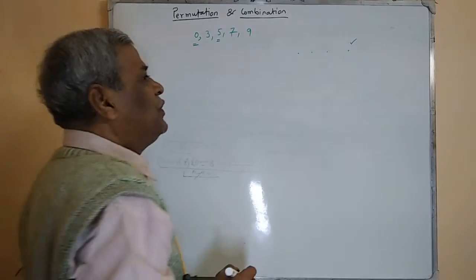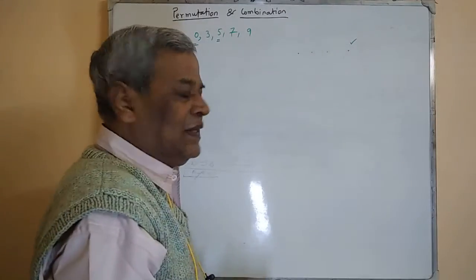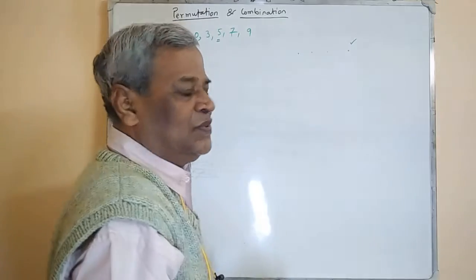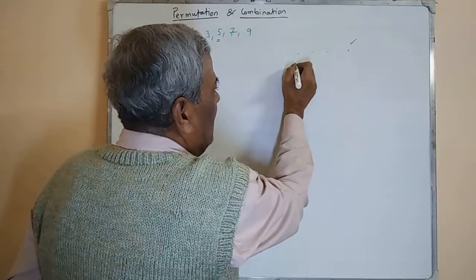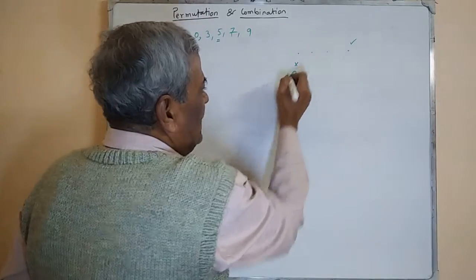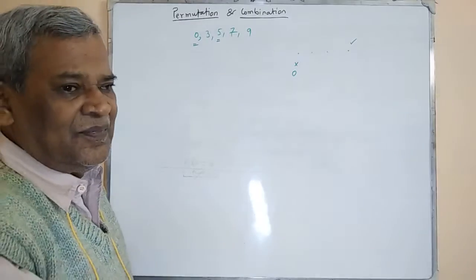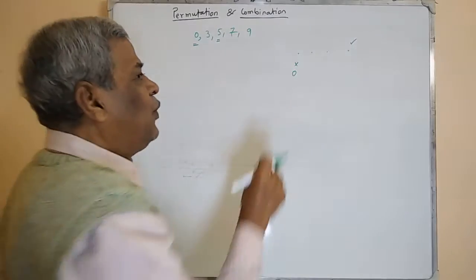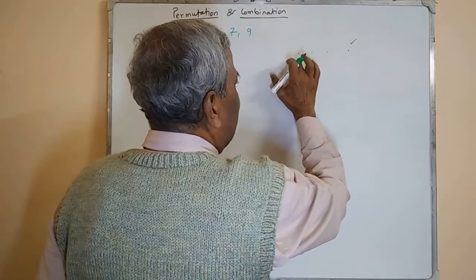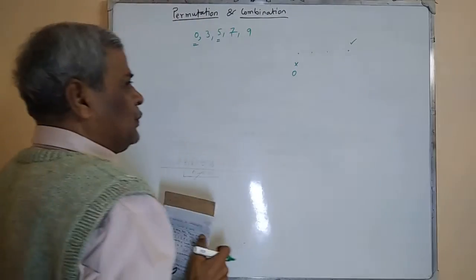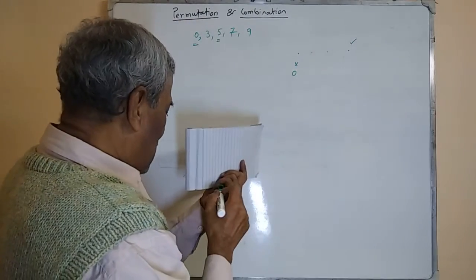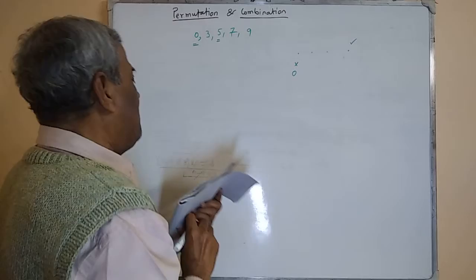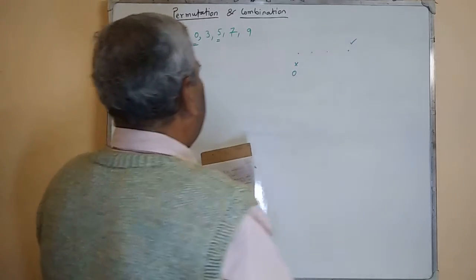And because a four digit number is formed, the first position cannot be filled by 0. So there are two restrictions. The problem is almost the same, with a slight variation.